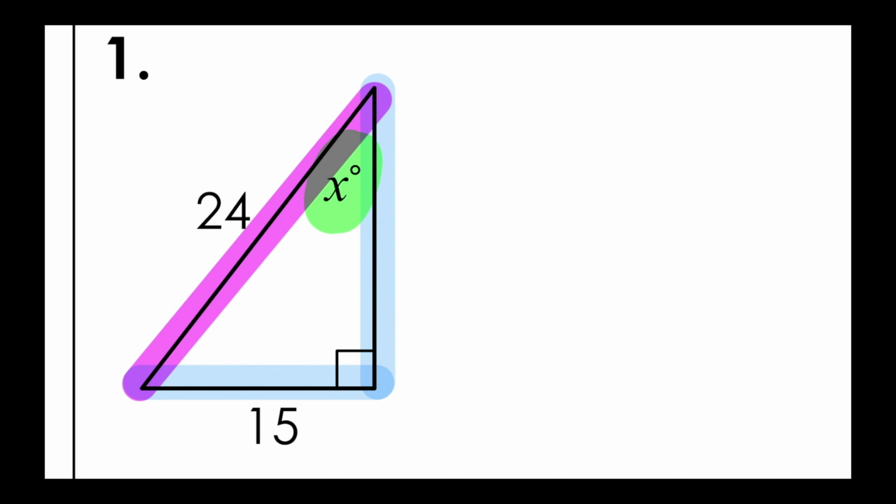And then what do we have? We have the opposite side, and we have the hypotenuse. So which one is opposite and hypotenuse? Well, we remember SOH CAH TOA. We see which one has opposite hypotenuse?